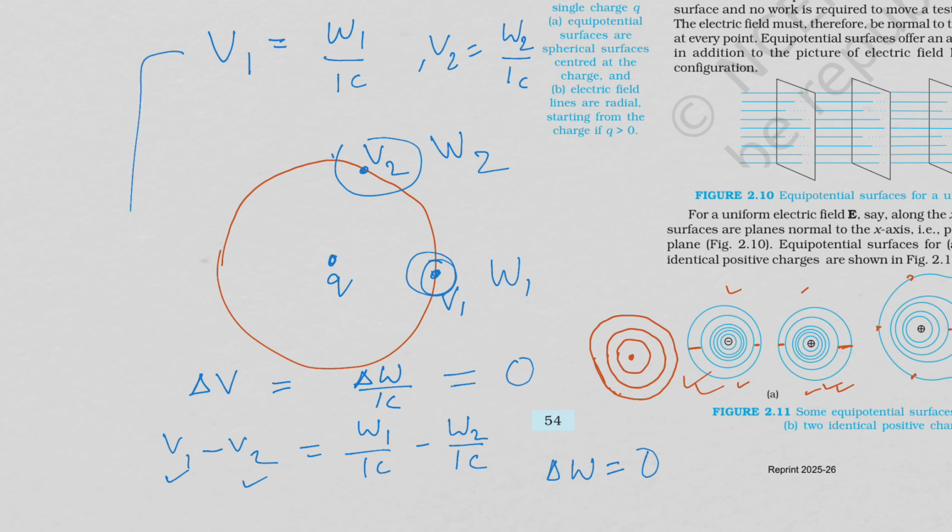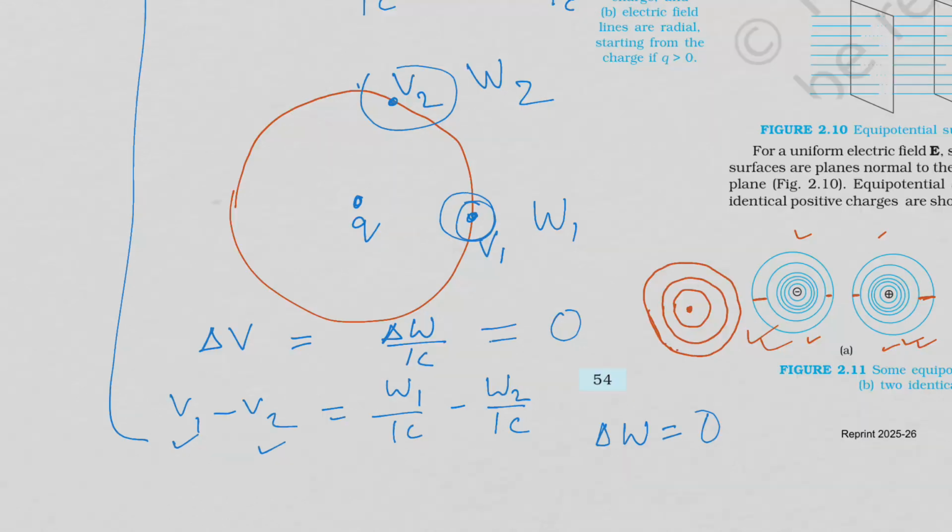Though this whole practice I have done here is just a way of showing you that the work done on the equipotential surface is 0, this is nowhere written in your book. So this is not a very proper way to arrive at this, but just for your understanding that on the equipotential surface the work done is 0. Precisely, the work done here is bringing the charge from infinity to the point.